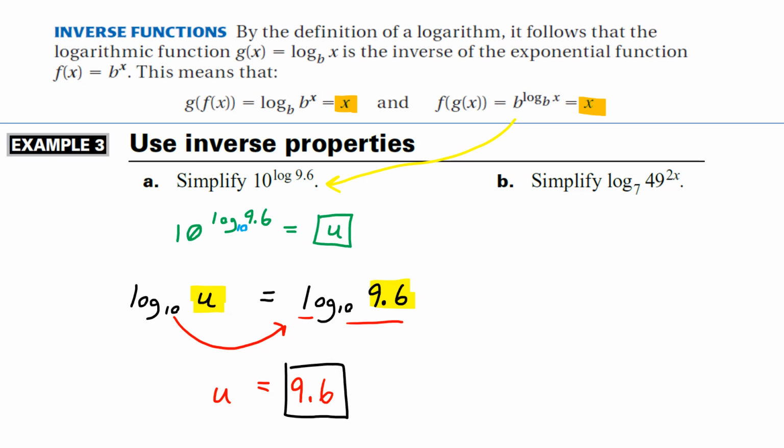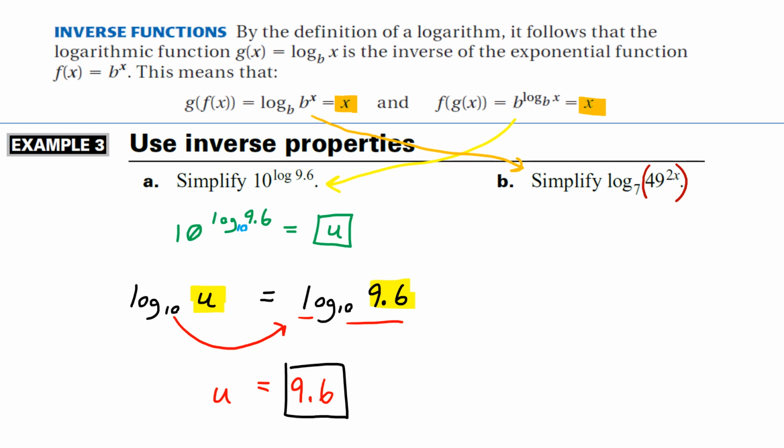Part B, simplify log base 7 of 49 to the 2x power. Okay, again, I can use this property here. But let's say, what if you forgot the property? Then I can say that, let's say all of this is together, just to help me out.